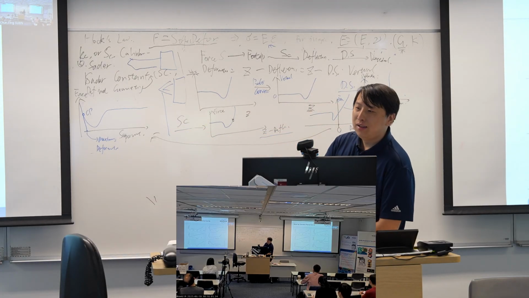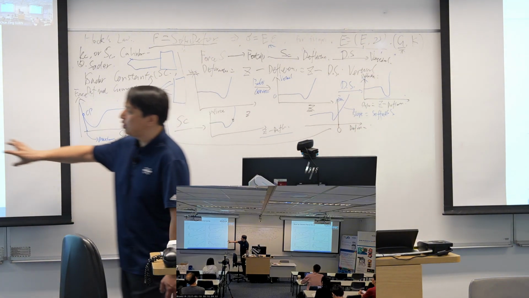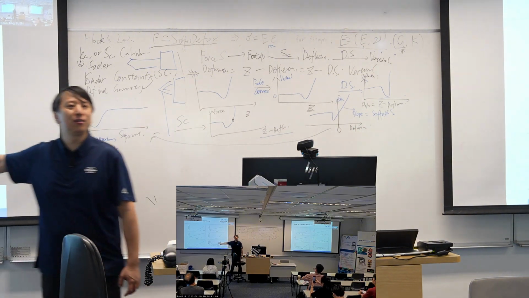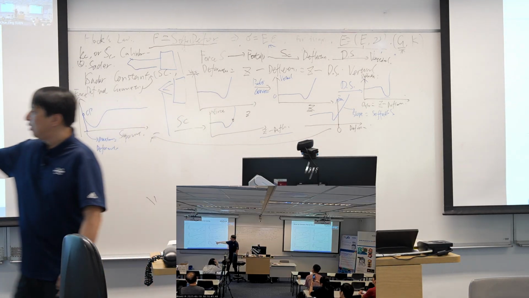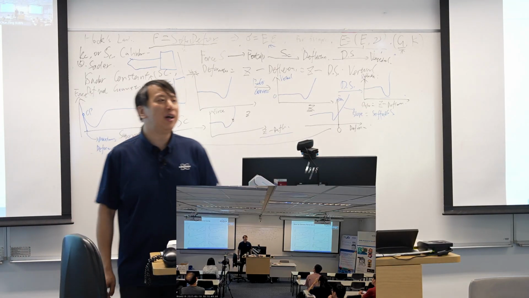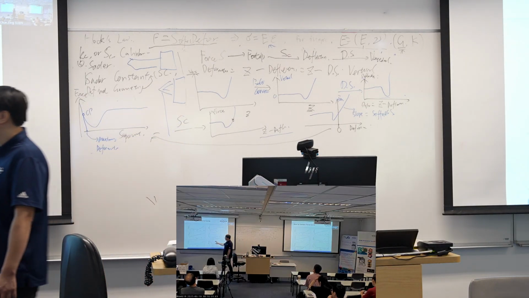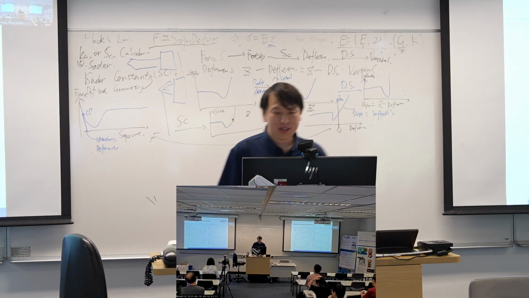So in your Bruker software, you finally capture a curve, something like this. And then, of course, the slope of this curve is not the stiffness, right? You should add a negative sign here. So that's what Bruker did.